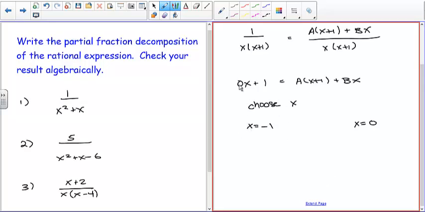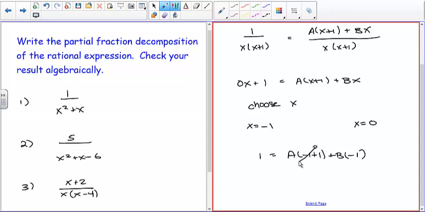You'll notice x doesn't affect anything on the right hand side, because there's 0 x's. So in this case we have just 1 on the left hand side. So we get a times -1 plus 1 plus b times -1. Those are going in for x.